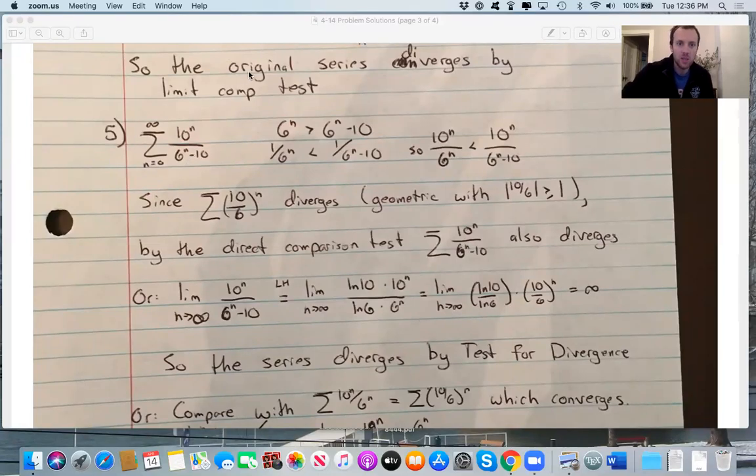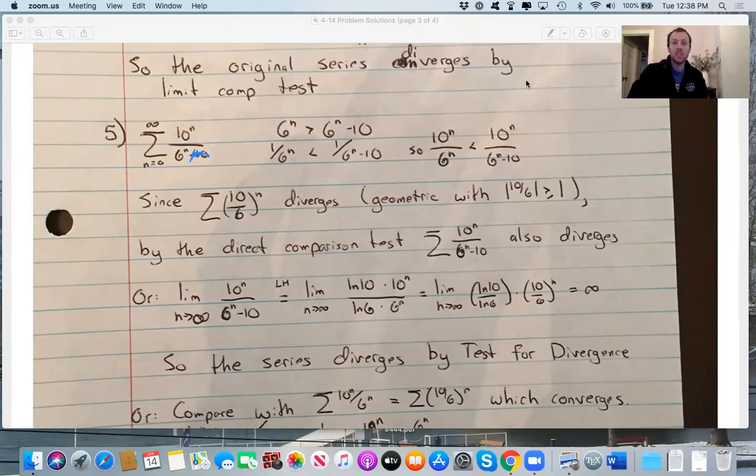But in this case, what you like to compare it to is 10 to the n over 6 to the n. That's a geometric series, and this added constant, minus 10, is really pretty insignificant when n is really big.